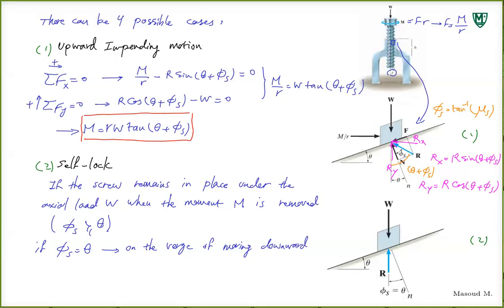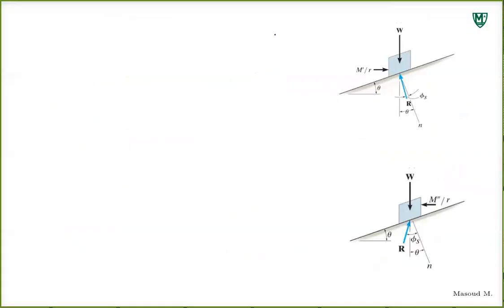So first two cases, right? Upward impending motion and then self-lock. The third one is the case for which we have downward impending motion, but let's put them this way: 3-1 and 3-2. Put them under general case 3.